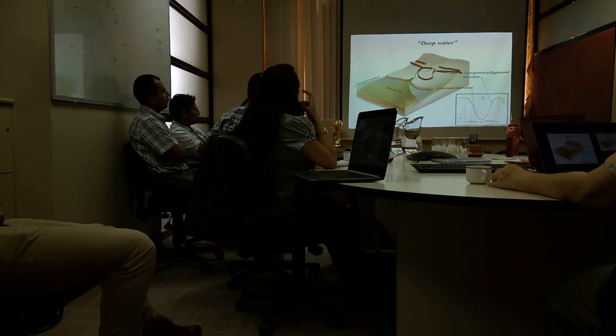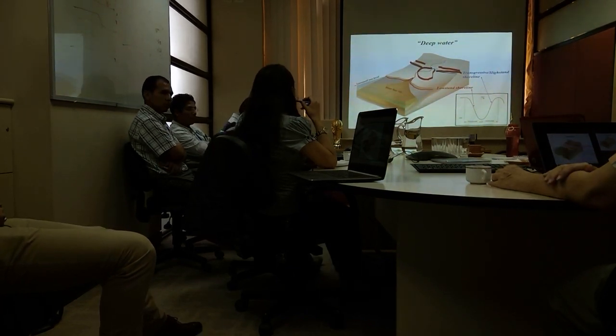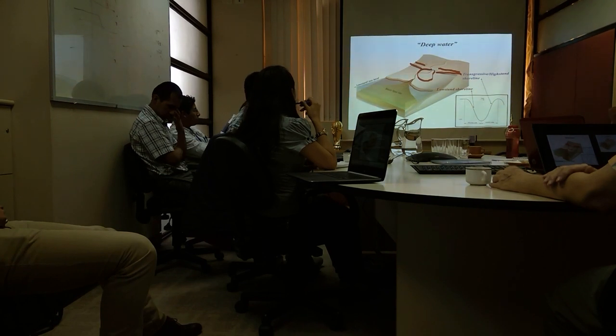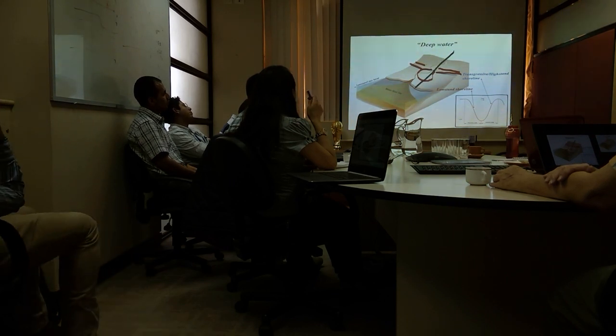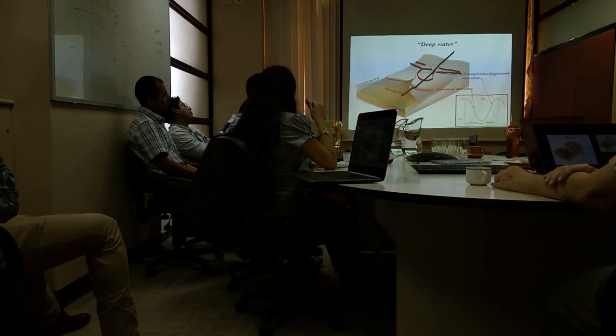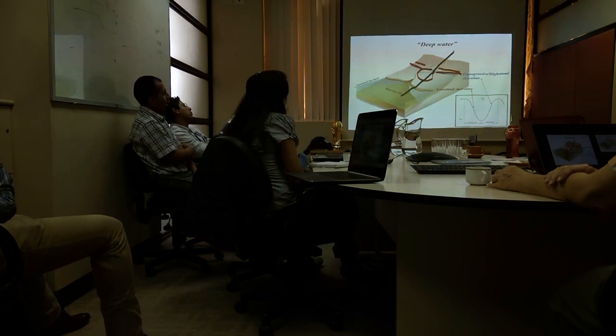So one of the problems that this caused before we had 3D seismic, when we only had 2D seismic, was if you looked at a 2D seismic line that went across like that, you would interpret this as a delta and say, well, this must be a high stand time.